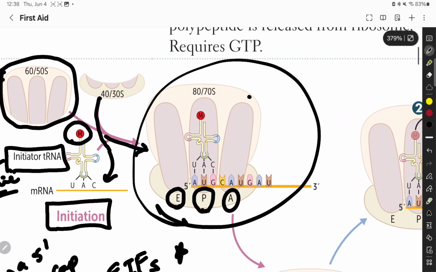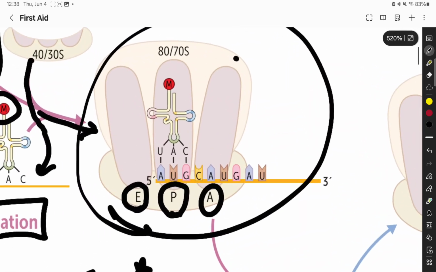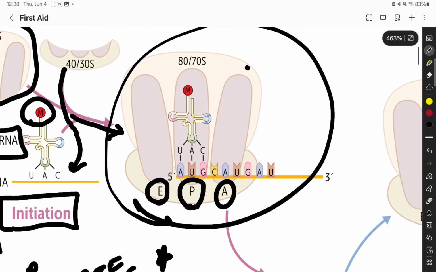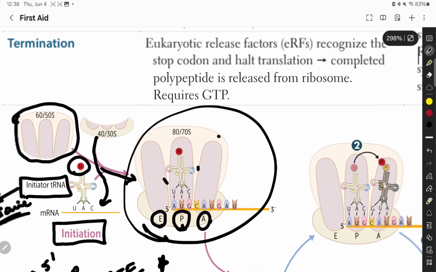When we have the initiation of protein synthesis, our first transfer RNA binds to the P site of the ribosome. So this P site is the first one where this initiator transfer RNA binds, and this is the A site.